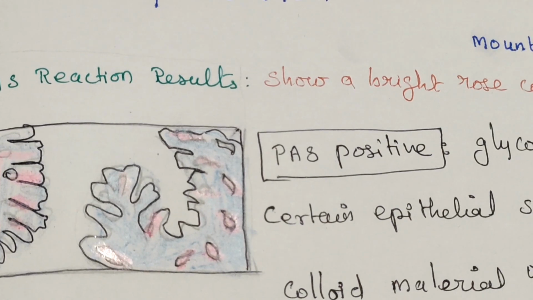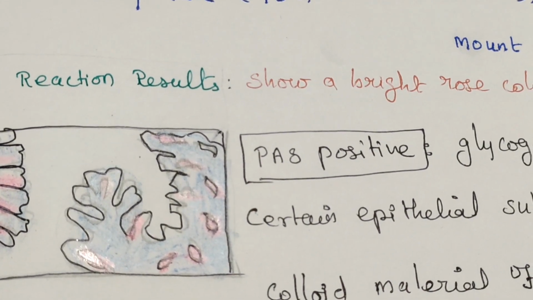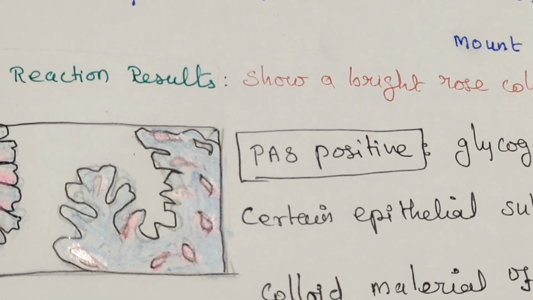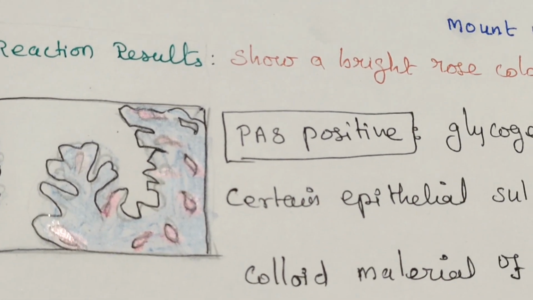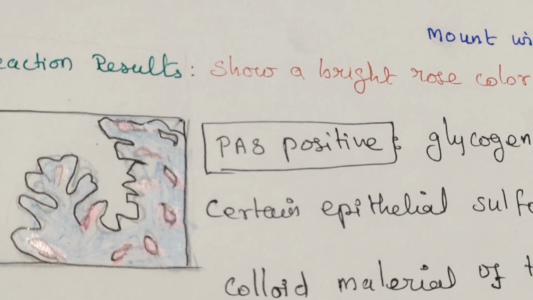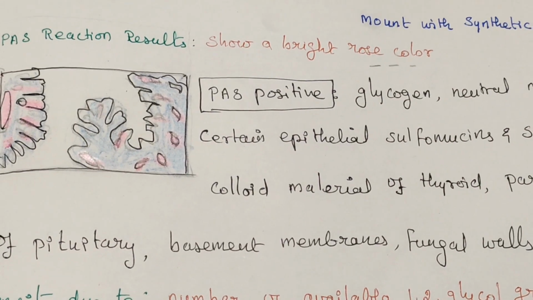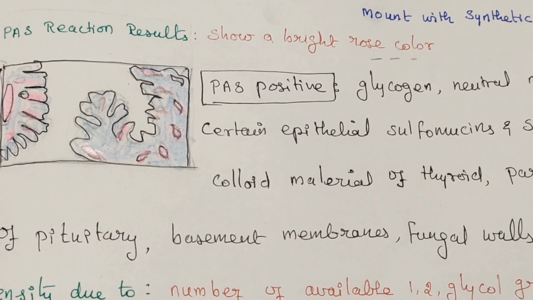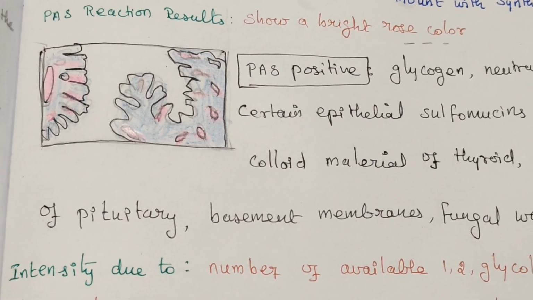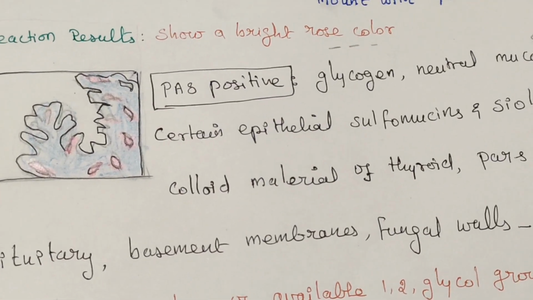This is a colon section with a small polyp that is stained with the PAS reaction and counterstained with hematoxylin. That bright red color shows a positive PAS reaction. It produces a bright rose color.